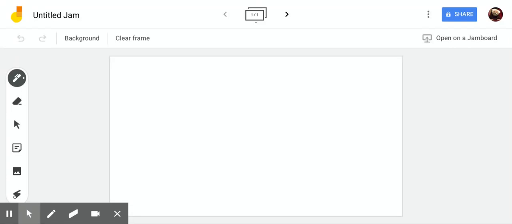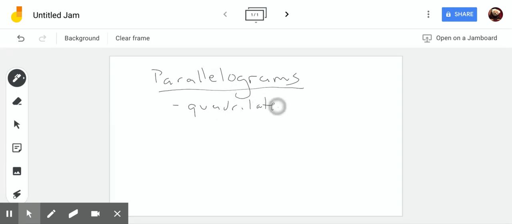Okay, today we're going to talk about parallelograms. Let's see if I can write today. Parallelograms are quadrilaterals with opposite sides parallel.